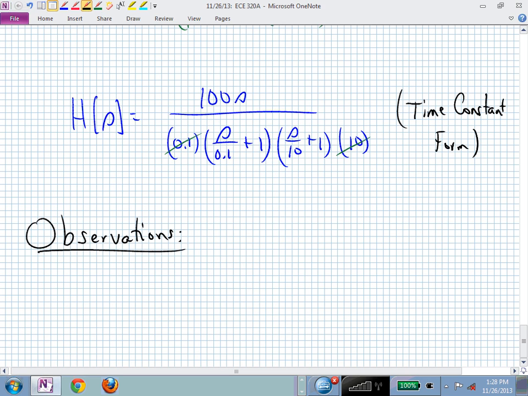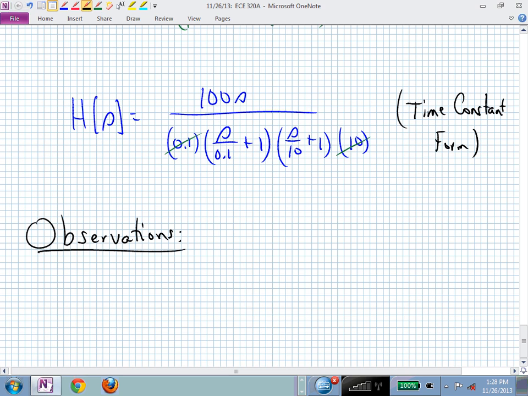You have a 0 at the origin, and what's that producing for you at low frequencies, at all frequencies? It's upstairs, it's a 0, so it's giving us plus 20 dB per decade all the time, isn't it? So at low frequencies, your slope should be plus 20 dB per decade in magnitude.